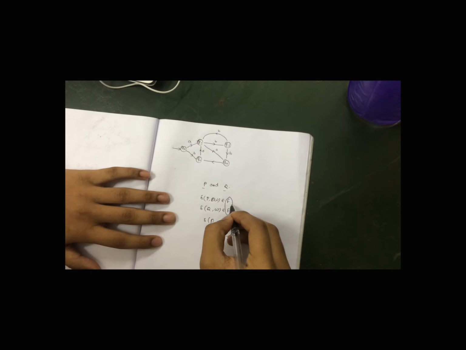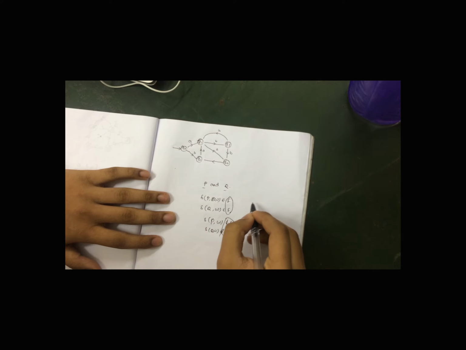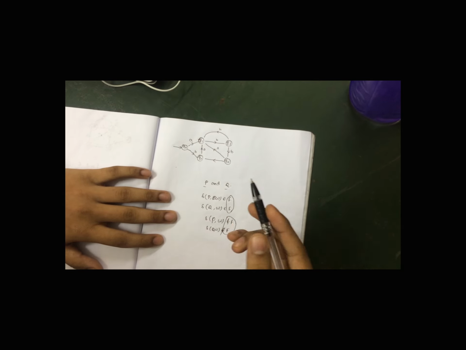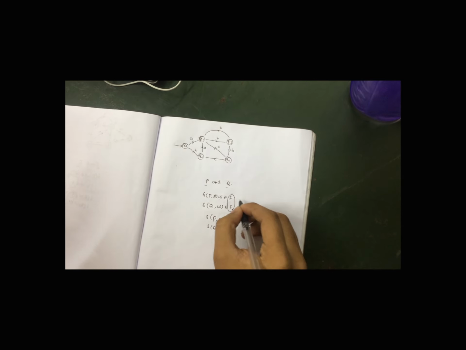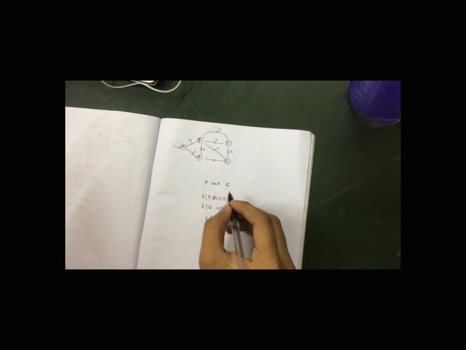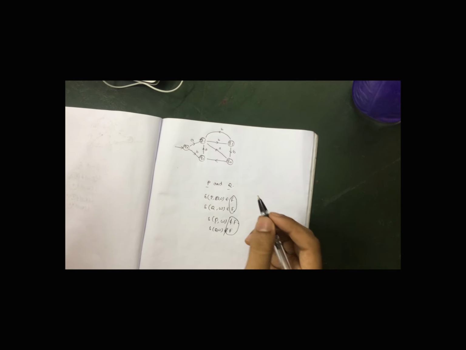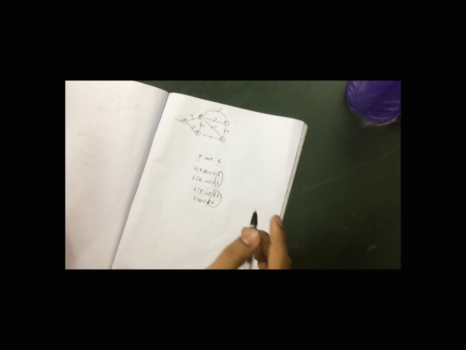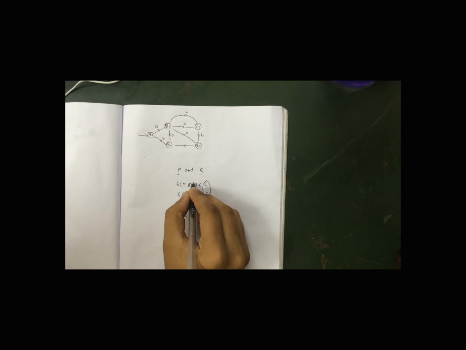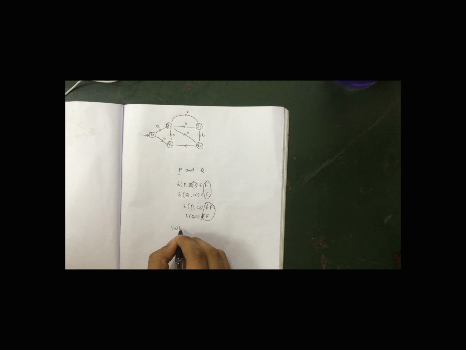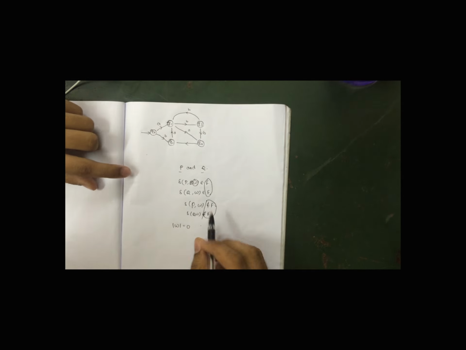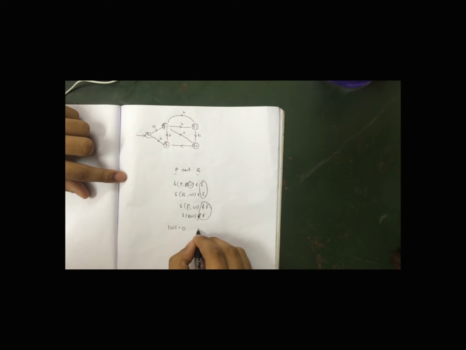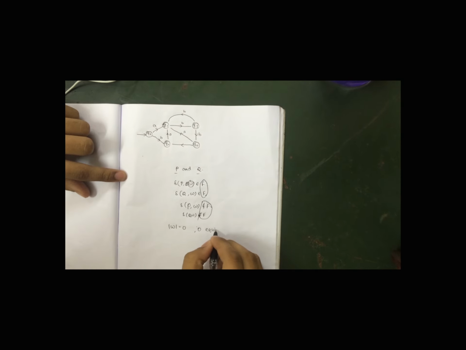It can be any final state. If we have two final states in the diagram, then that is okay for equivalence. So by this we can merge two states. If the length of W, mod W, is equal to 0, then both states P and Q are called zero equivalent.